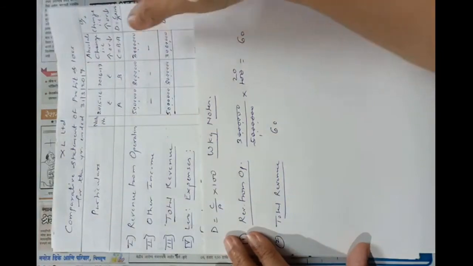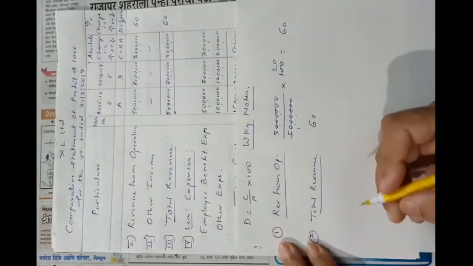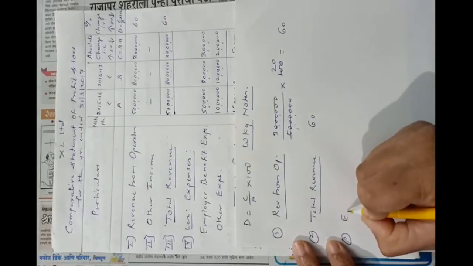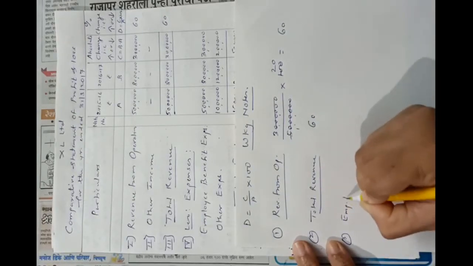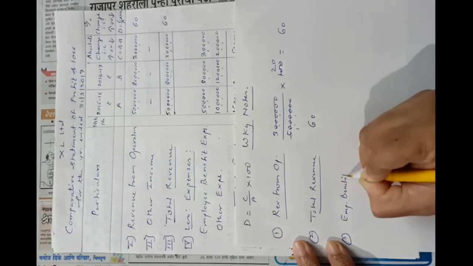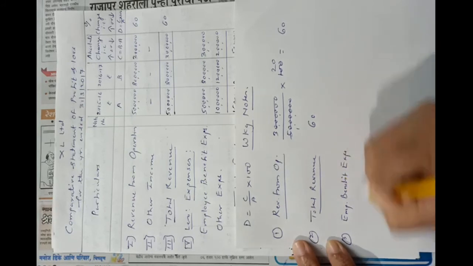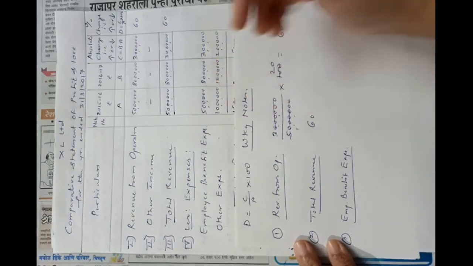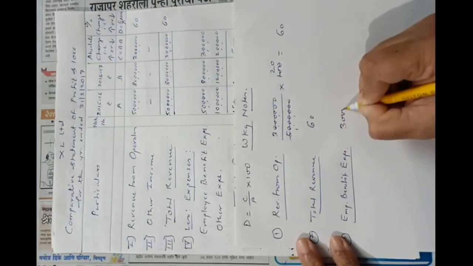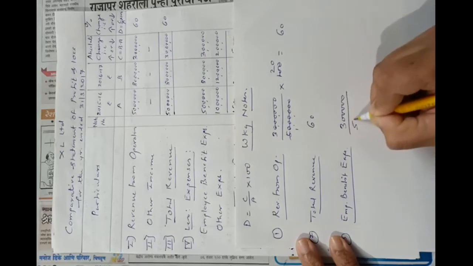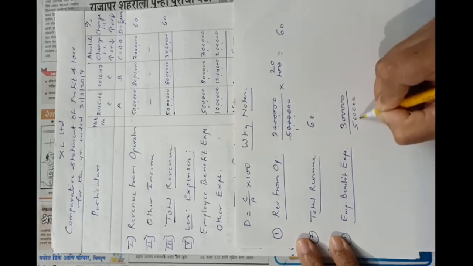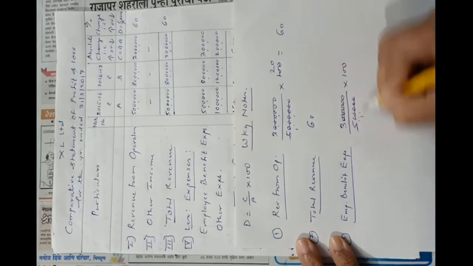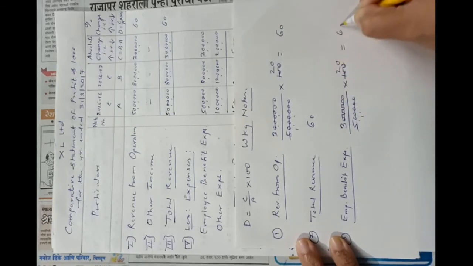Okay, now the total expenses. Employee benefit expenses, three lakhs divided by 5 lakhs into 100, again it is 60.